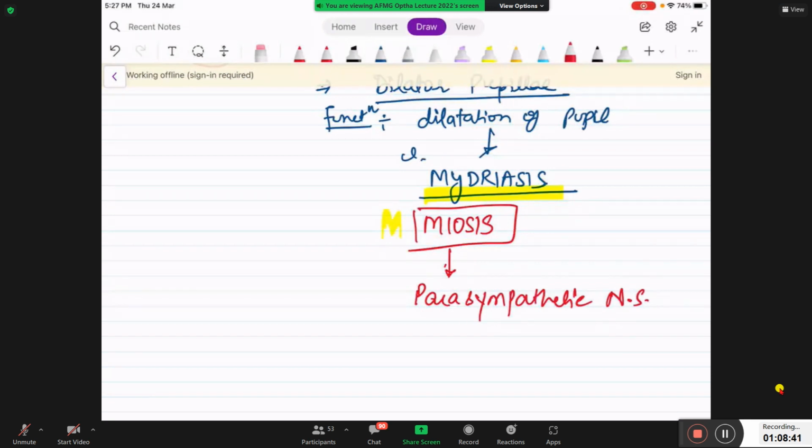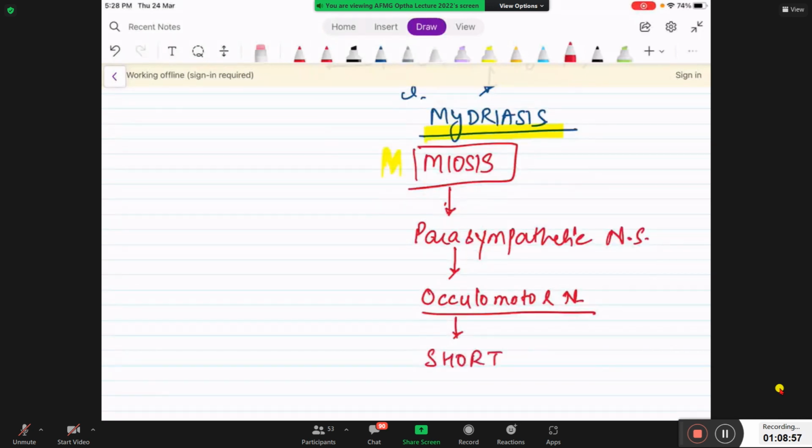So it is regulated by parasympathetic nervous system, which in turn is regulated by the oculomotor cranial nerve. Oculomotor nerve. That is important. Short ciliary nerve. Clear?